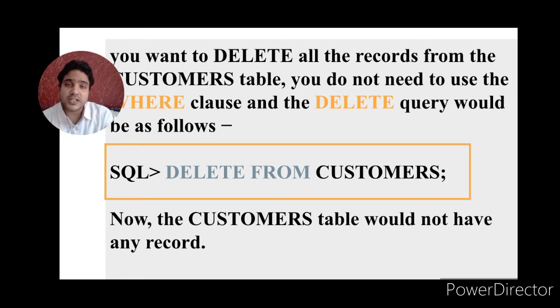A table is totally destroyed and does not exist in the database. But in case of the delete command, the rows are deleted but the table structure remains in the database.